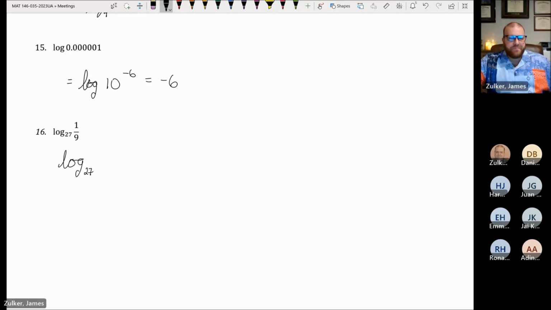What is our base? One-ninth is what power of 27? -3 would imply it's 1/27 cubed, which is definitely not 1/9.